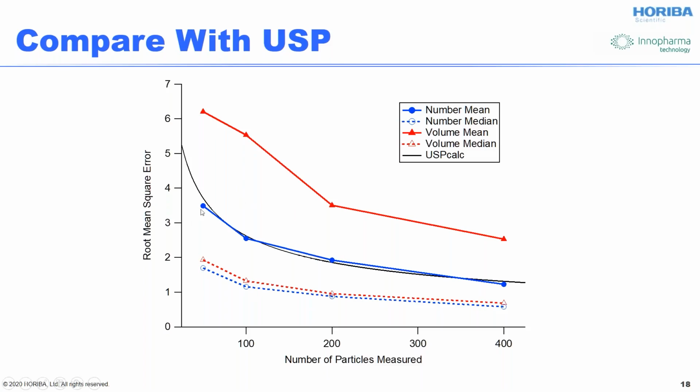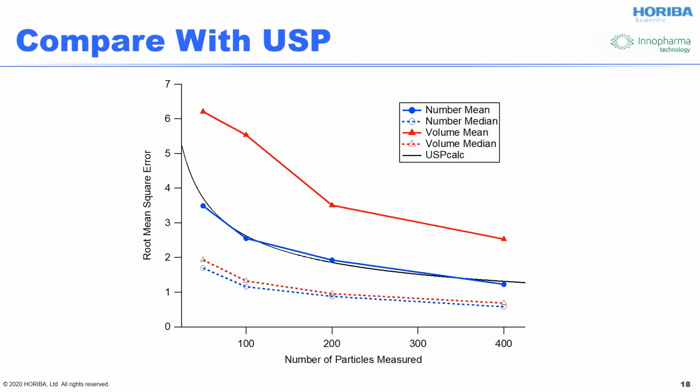So the blue is the number mean size, and the black thin line is the USP calculation, and they follow each other quite nicely. And that says, okay, well, this equation works for the test sample that we had, which did happen to have a pretty close to normal distribution of particle sizes.